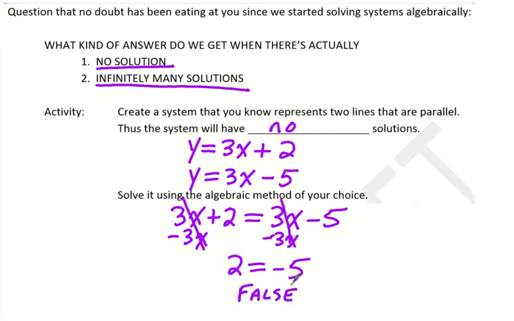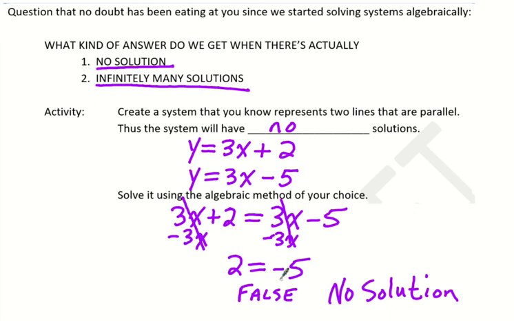And if it's false, that means there is no solution whatsoever. So if the system is destined to have no solution, this is what's going to happen: the variable is going to totally cancel out, and you're going to be left with a completely false statement.